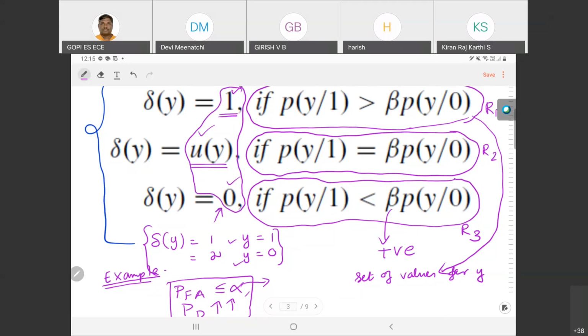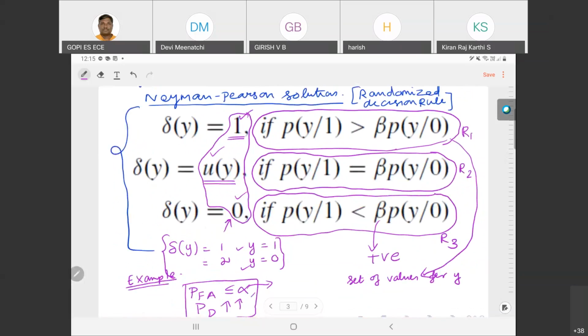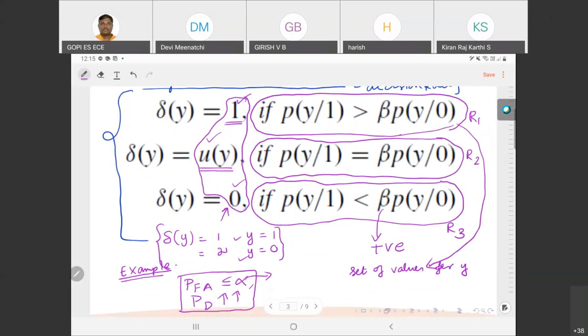And as usual, it takes this form of randomized decision rule such that the probability of false alarm is exactly equal to alpha. We cannot actually get a solution that gives you the probability of false alarm less than alpha.